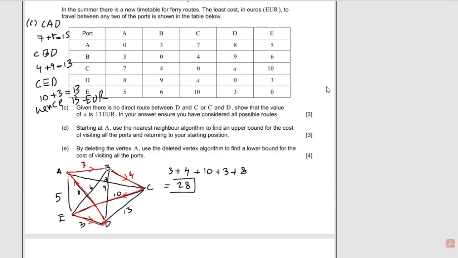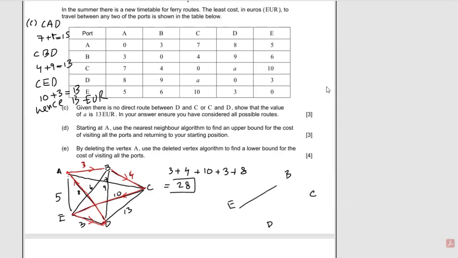Nearest neighbor algorithm. Part E. By deleting the vertex A, use the deleted vertex algorithm to find the lower bound for the cost of visiting all ports. So again, you need to revise the deleted vertex algorithm as well. So what do we do? We delete vertex A. And by doing so, what will we be left with? B will be there, C will be there, D will be there, and E will be there, right?